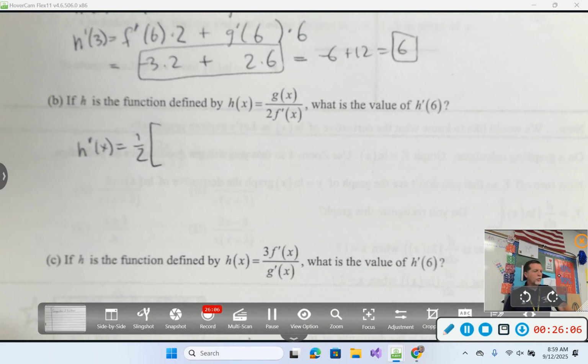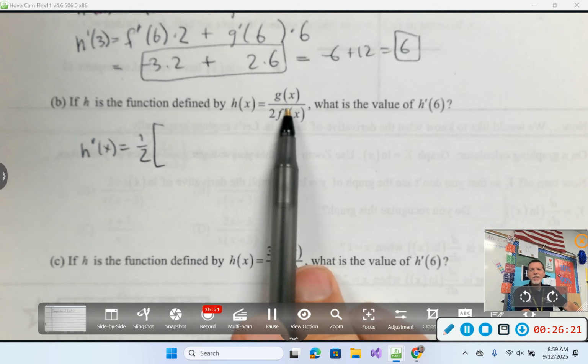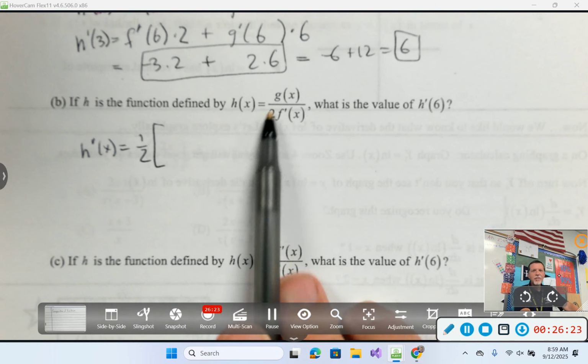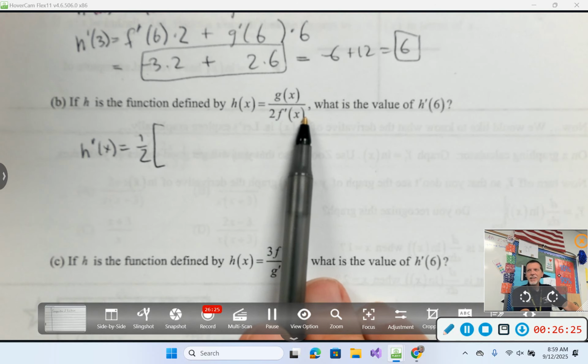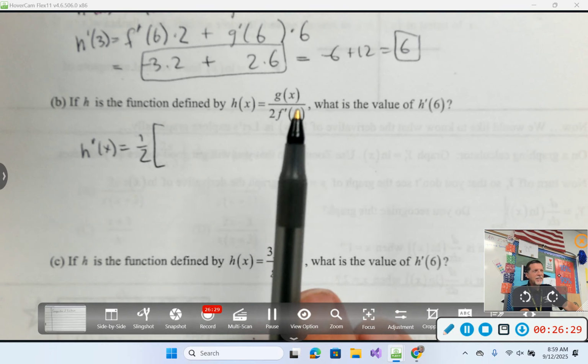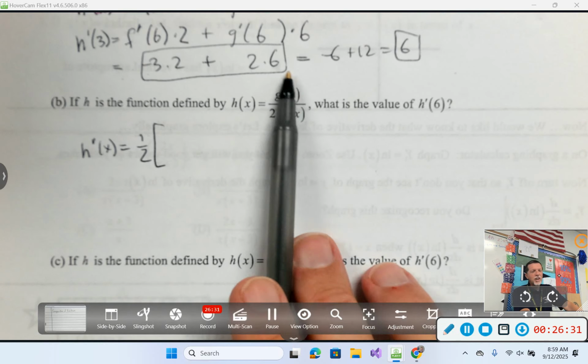And why is this quotient rule harder than the previous quotient rules? Okay, there's 2 things, and you said them both. g is in the top, not the bottom, so that's kind of crazy. But the bottom's already f prime, so when I take its derivative, what's the derivative of f prime going to be? Double prime.